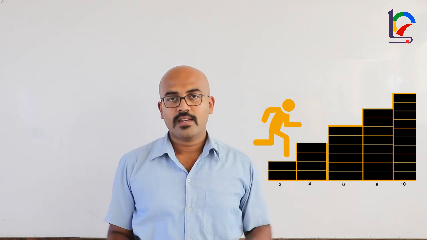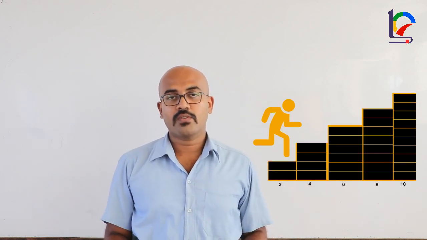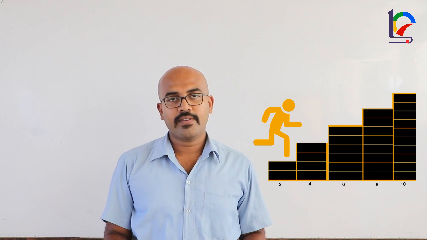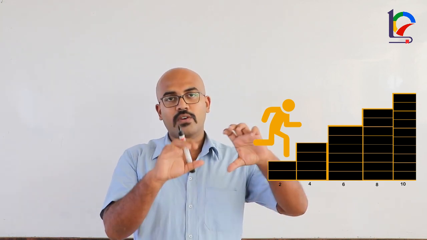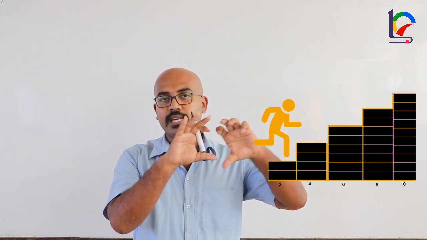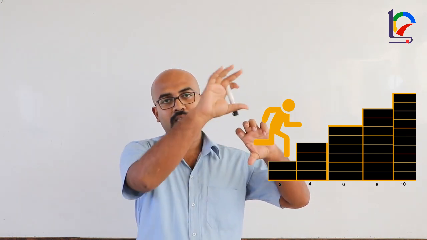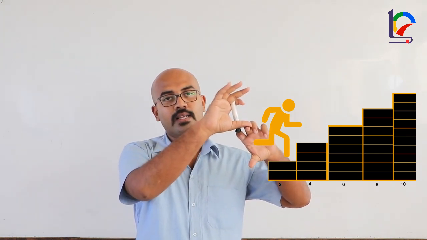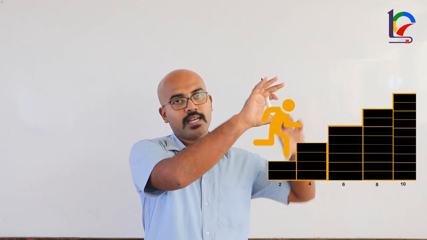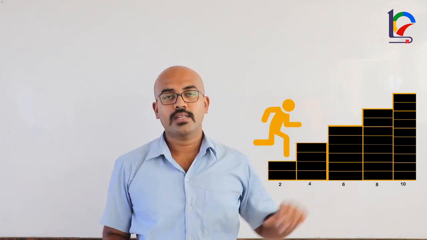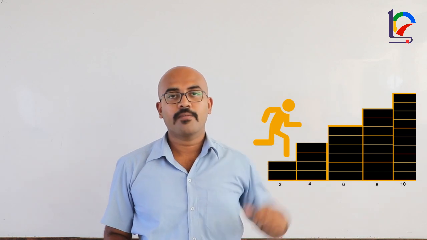Usually there won't be any steps of 1 meter. So practically, if the first step is 10 centimeter, the second step will be 10 plus 10, 20, and the third 10 plus 10 plus 10, so 30, and so on, 40, 50.